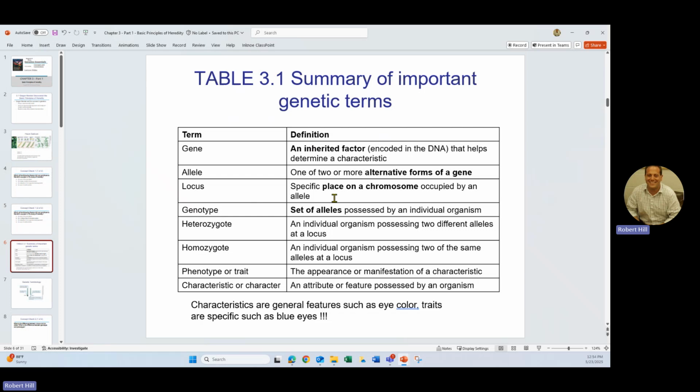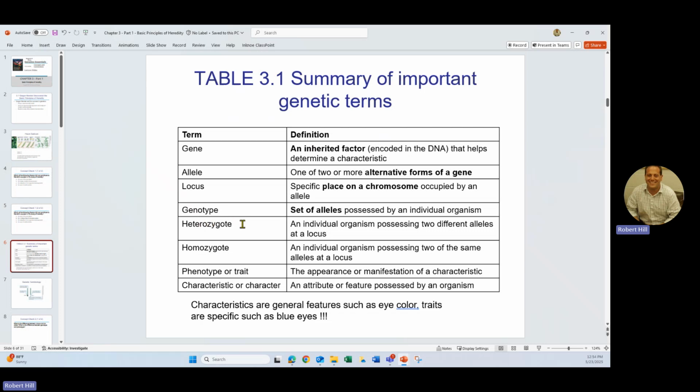The locus is the specific place on the chromosome where the allele is located. Pretty easy to remember that, locus, located. And a genotype is a set of alleles that an individual has, right? So it's the actual DNA code, whereas a phenotype is the appearance or the manifestation of that set of alleles, essentially, or the characteristic, okay?